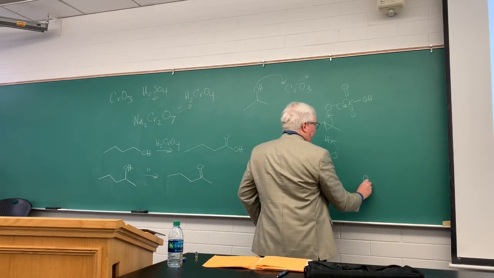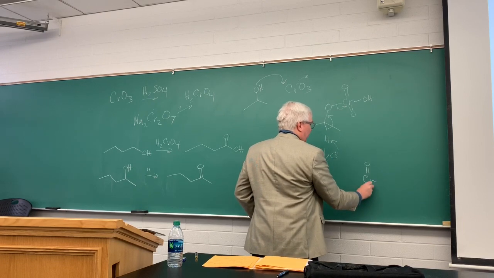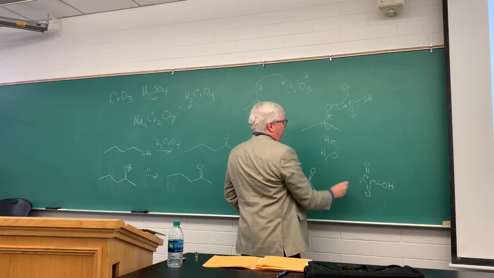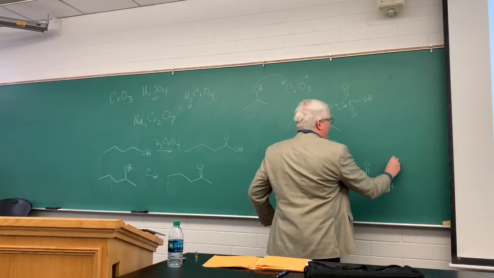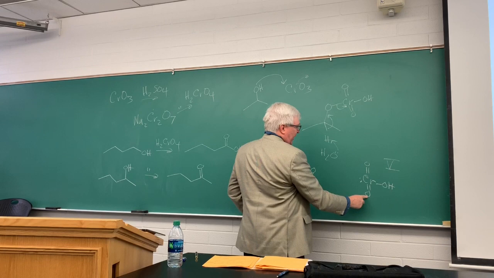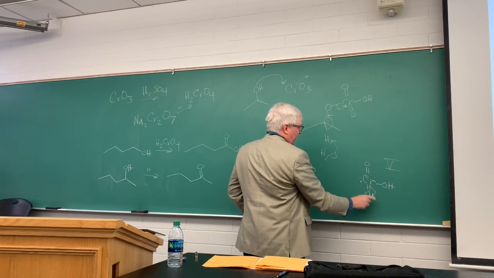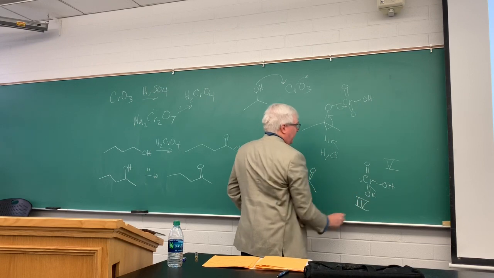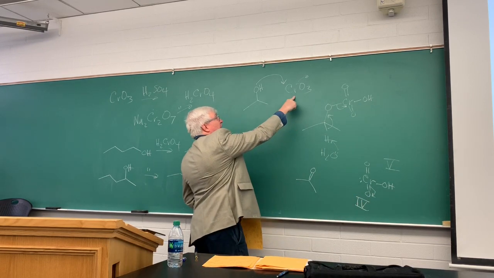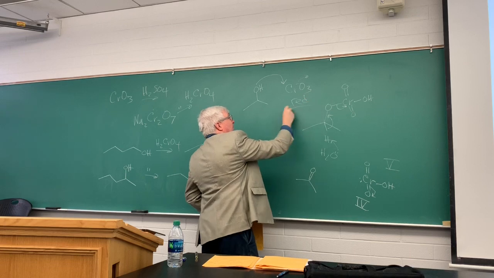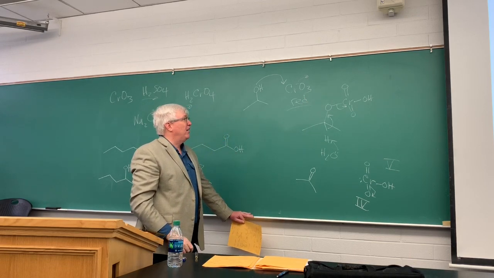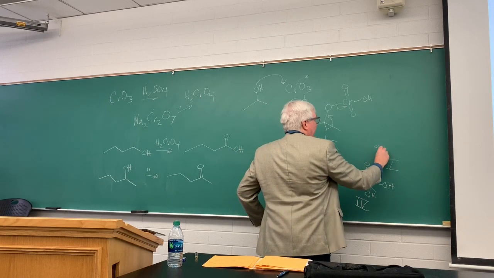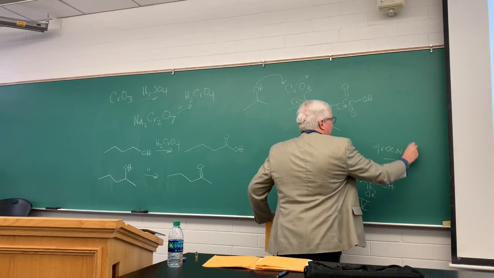And the chromium winds up not in the chromium 6 oxidation state, but 5. And this can actually get protonated here and go to the 4 oxidation state. The +6 oxidation state has a red color associated with it. It's very distinct. The more reduced forms of chromium actually have green and blue colors.